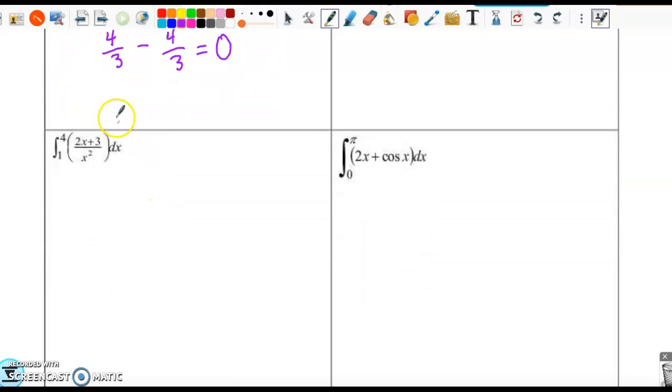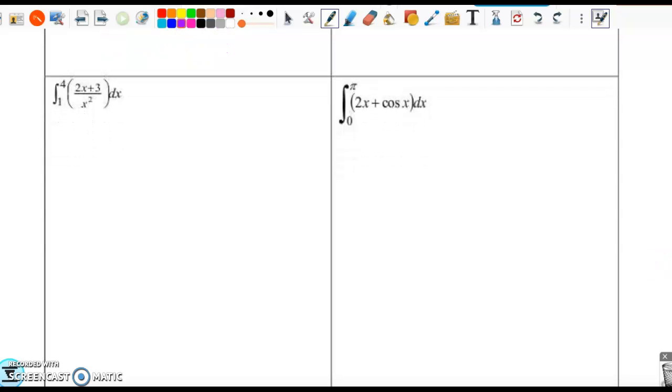So as I'm looking at the next one, this might be a good place to stop if I get through these next two. Because it's a giant division with a monomial, I would rewrite this integral. 2x over x squared is the same thing as 2x divided by x squared, so it's 2 over x, but I'm going to write it as 2x to the negative first, and then plus 3x to the negative second, because remember you have to divide each piece.